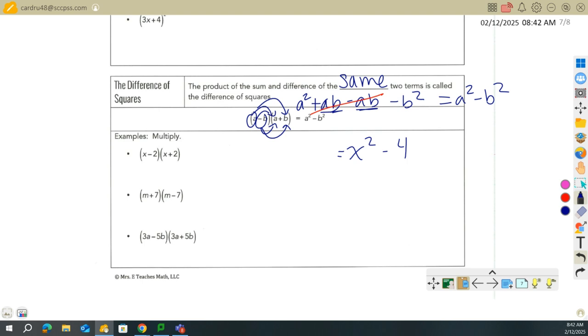But going through the steps, I have x times x, which is x squared, x times 2, which is 2x, negative 2 times x, which is negative 2x, negative 2 times 2, which is negative 4. I have that 2x minus 2x, and that is 0. Go ahead and do the next two. Check your answer with the key on Brightspace.